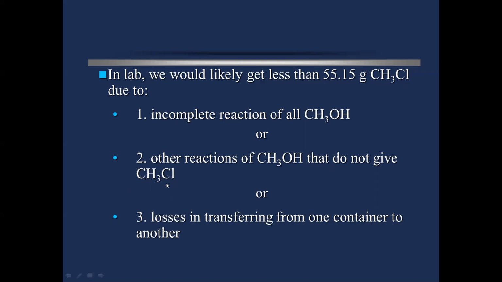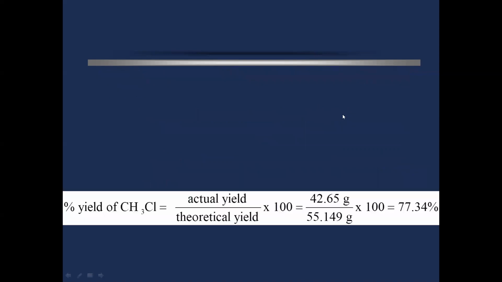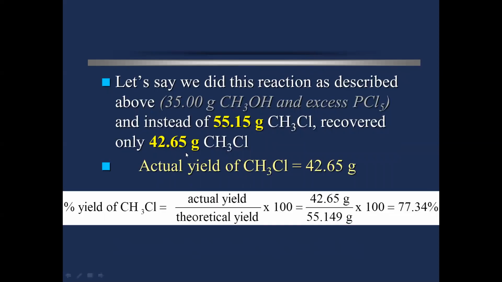Sometimes we also have some loss in transferring from one beaker to another, or a reactant can evaporate into the air. Anyway, we don't have to care about that detail. What we know is that almost always we have less product than the theoretical calculated product. Of course, sometimes your final result is higher than the theoretical yield because you have some water.